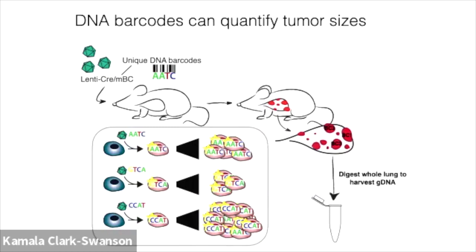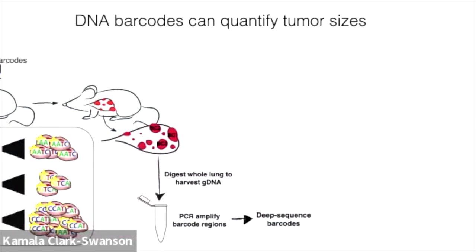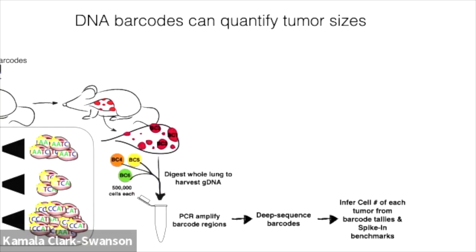And we can very precisely quantify tumor size by simply extracting genomic DNA from these mice, amplifying the barcode regions, and deep sequencing. And we can spike in a ladder to infer an absolute cell number from barcode reads.